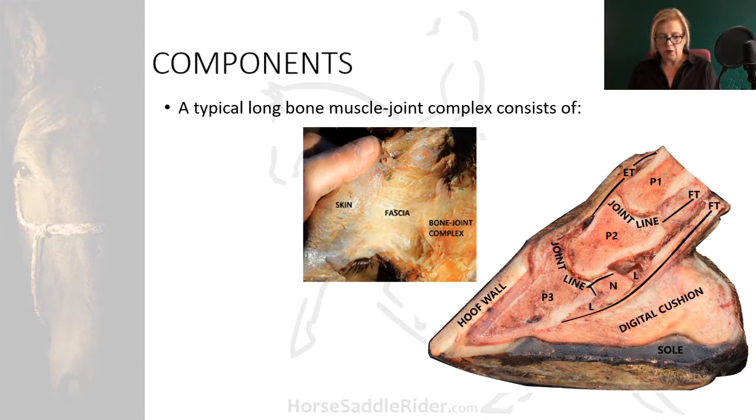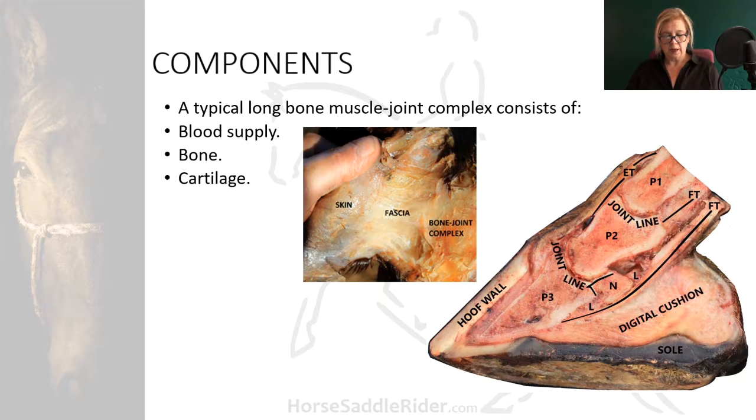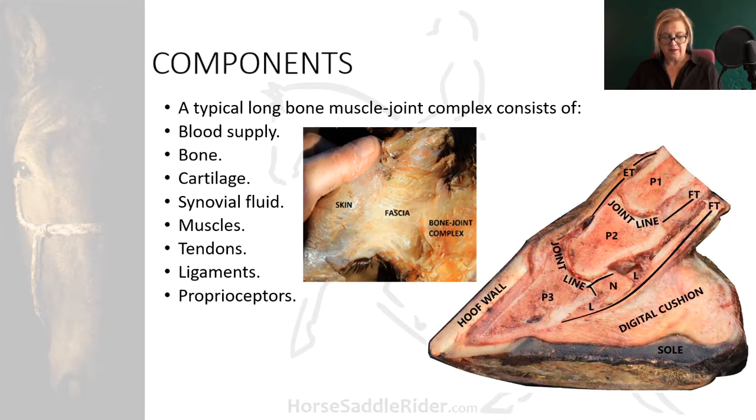A typical long bone muscle joint complex consists of a blood supply, bone, cartilage, synovial fluid, muscles, tendons, ligaments, proprioceptors, fascia and nerves.